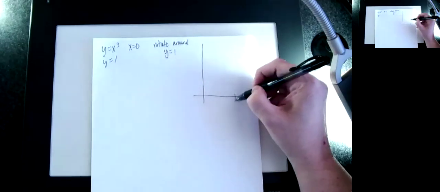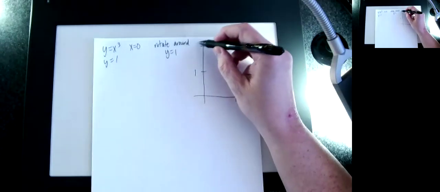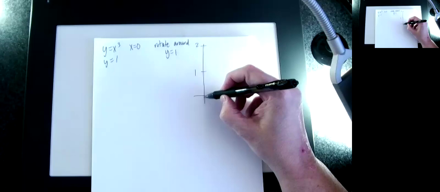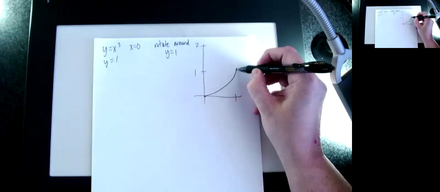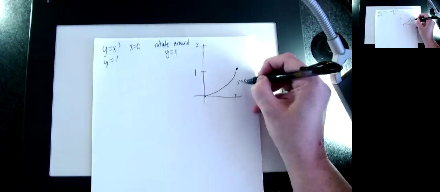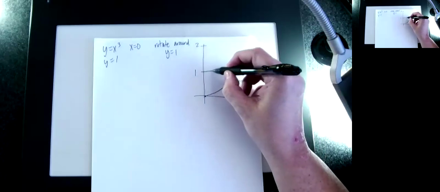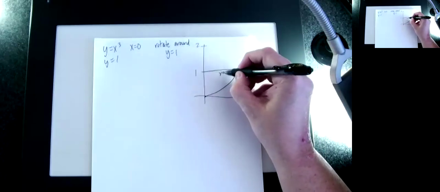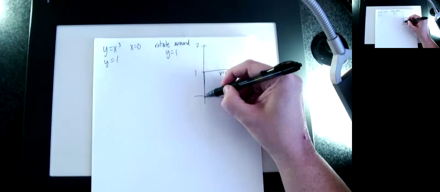So if we do a sketch here, y equals x cubed does something like this. Y equals 1 is there. X equals 0 is here.